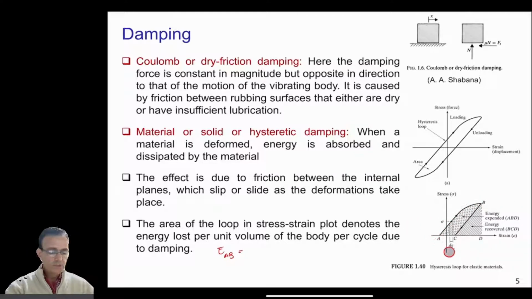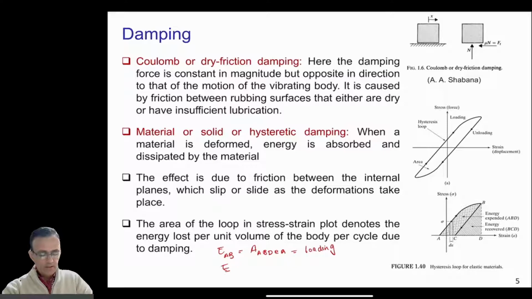So the total energy will be the area from A to B to D to C to A. This whole area, A, B, D, C, A, will be the energy during the loading. So this is the loading case.